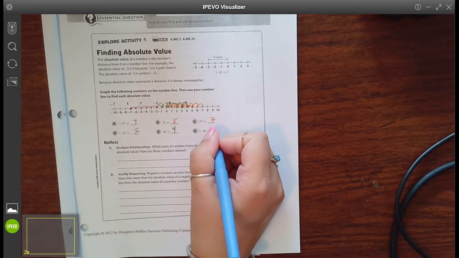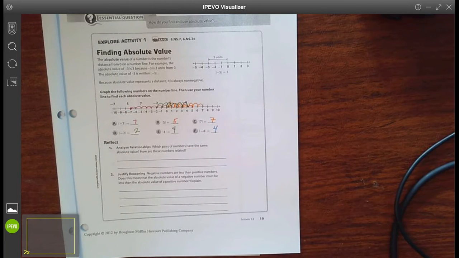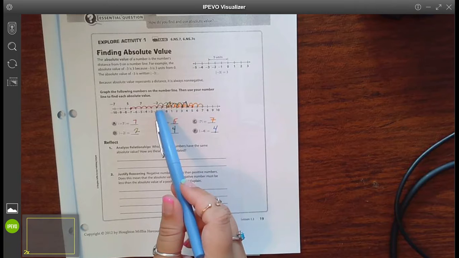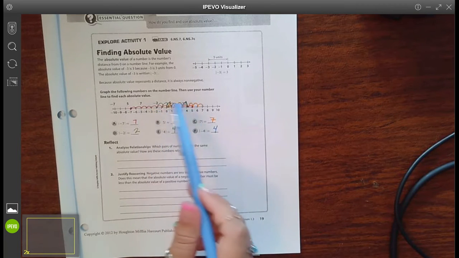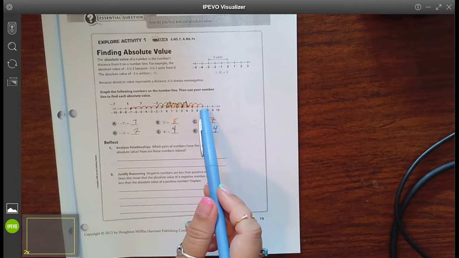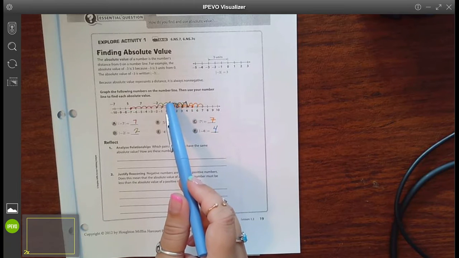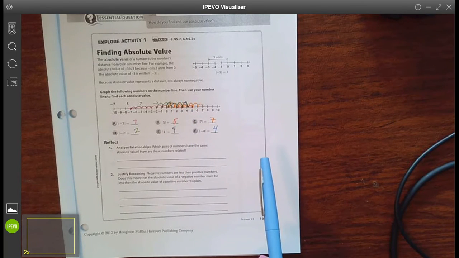It's 4 away. If you don't need to use the number line, that's okay. It's just there to help you in case you get confused. It's asking how far is that number from 0? And whether it's a negative or a positive, it's still a positive way away because distances are always positive. Right, I hope I've sent that message home by now.